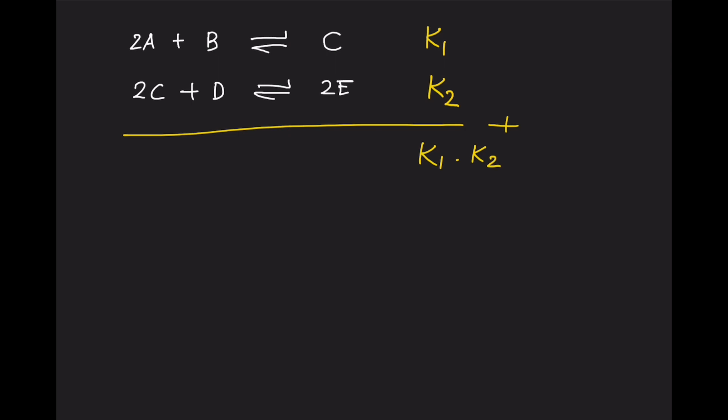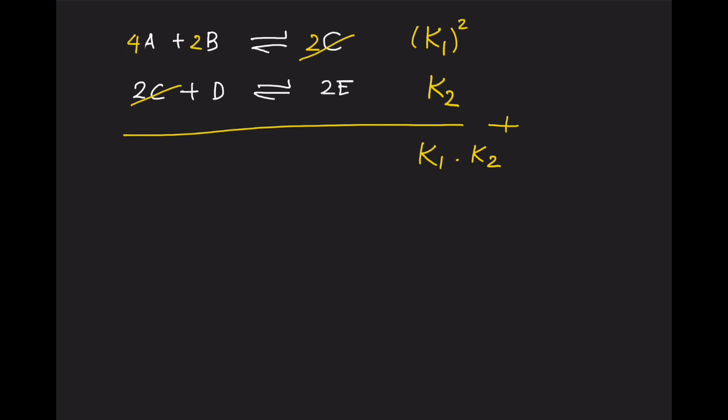Now in the case if we want to cancel out C, we have to multiply the first reaction by 2, so it becomes 4A, 2B, and 2C. So now we can cancel out the 2C. Now if we multiply the reaction by 2, then we have to take the K1 squared.